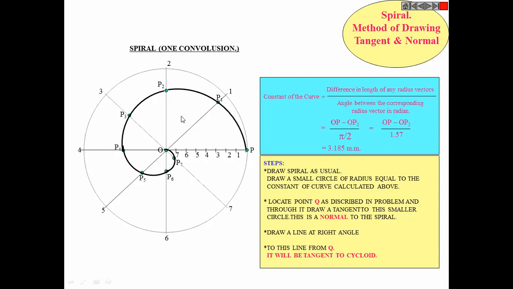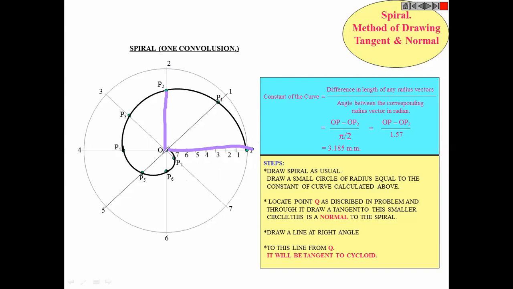Divided by the angle intercepted by that much portion. So what is the angle intercepted by this portion, this line and this line?